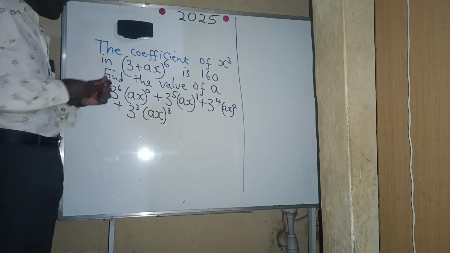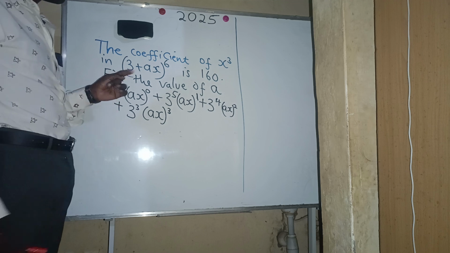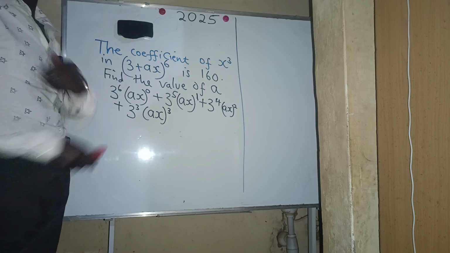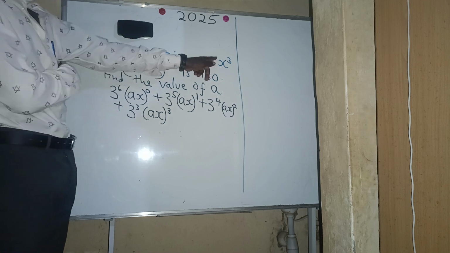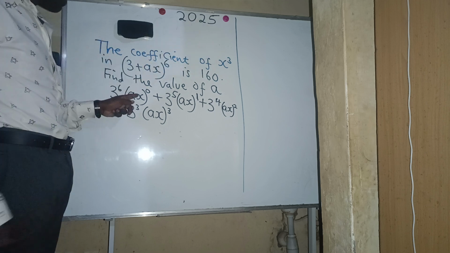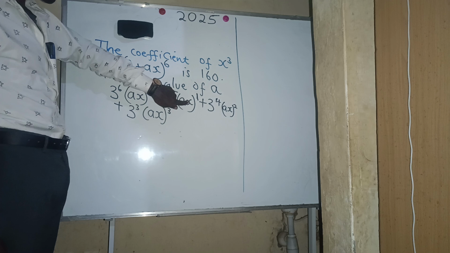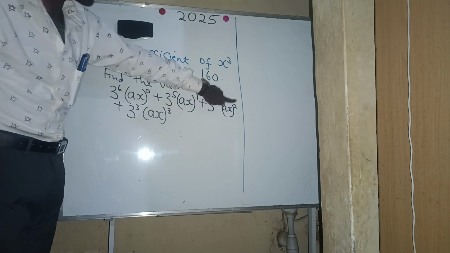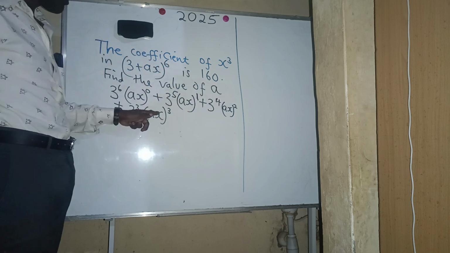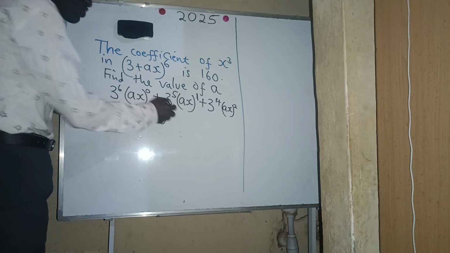You see, they told us that our expansion up to where we are supposed to stop should have x raised to 3. This is going to have x raised to 0. This will have x raised to 1. This will have x raised to 2. But this is going to have x raised to 3. So we are going to stop here.